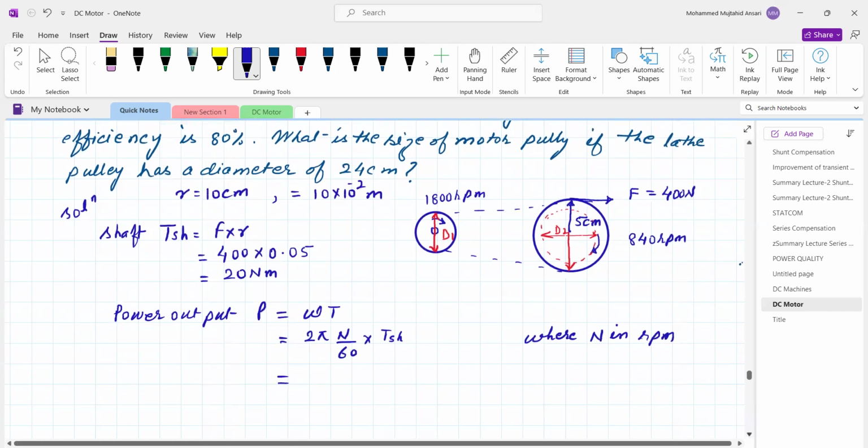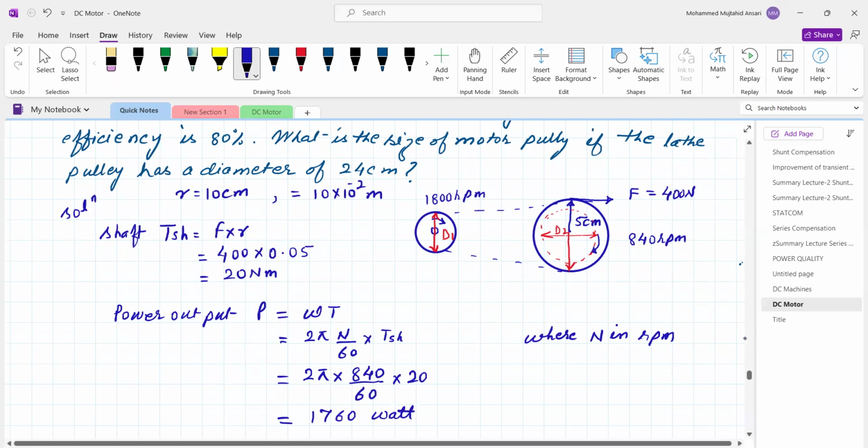It is equal to 2 pi into 840 divided by 60 into 20. So now the output of the motor is 1760 watt. So this is the output.